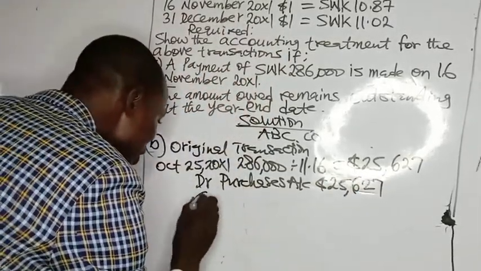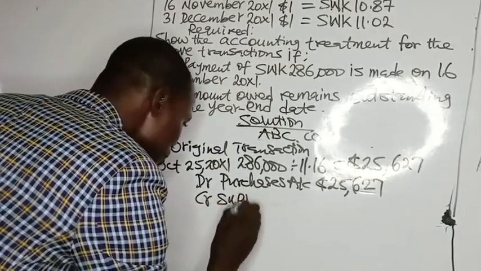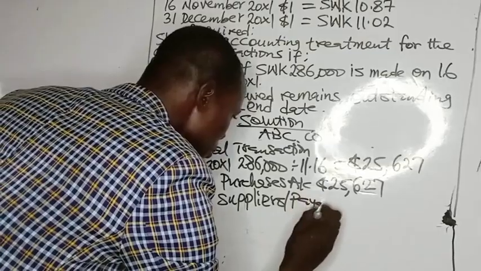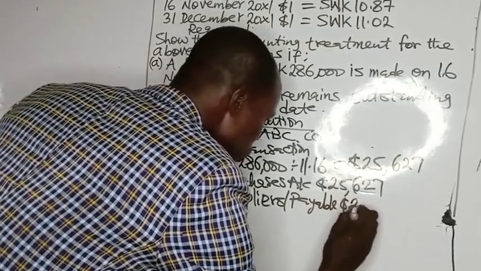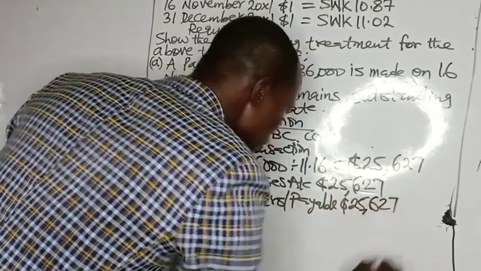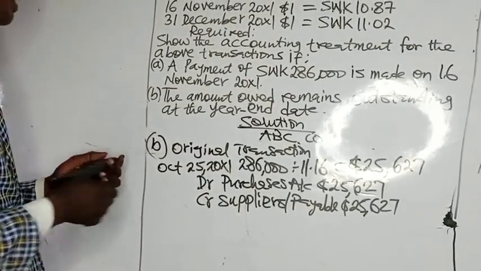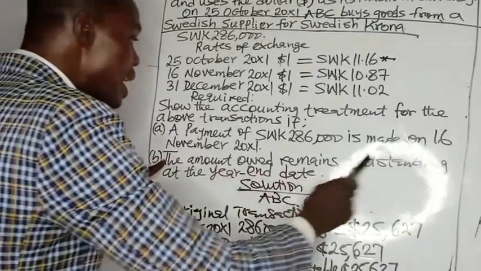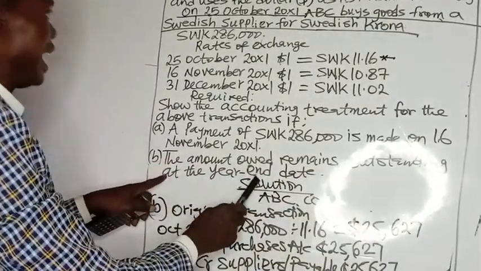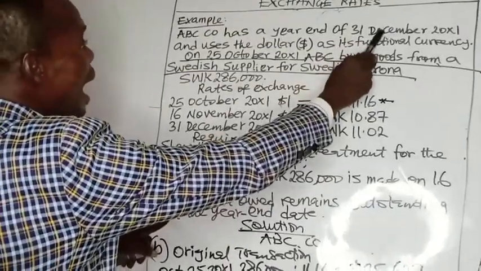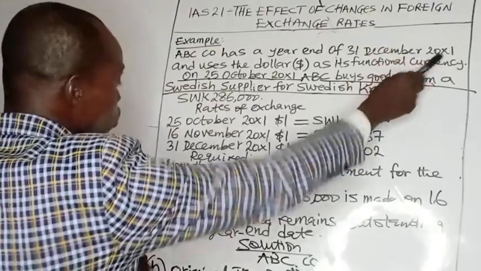You credit suppliers or payables account with the same amount, 25,627. Then, at the end of the period, you were told the amount owed remains outstanding at the year end. Remember, the end of the year is December 31st, 20x1.